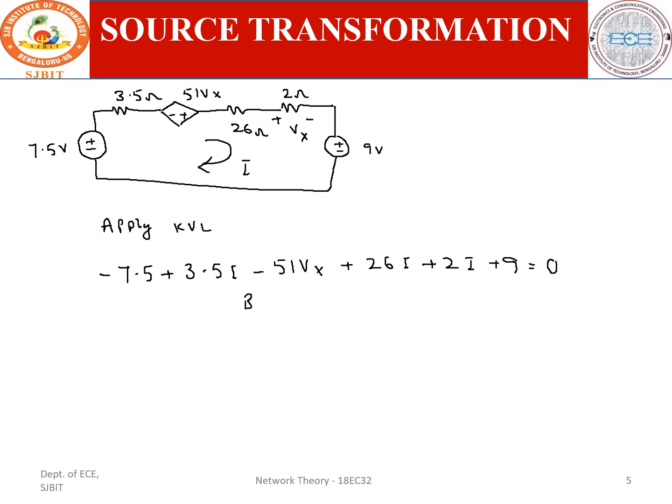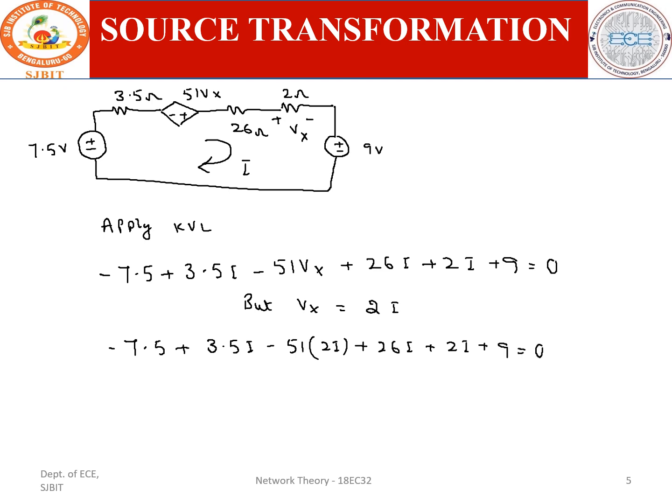But what is Vx from the diagram? Vx is equal to the voltage drop across the 2 ohm resistor, therefore Vx is equal to 2I. So the equation becomes minus 7.5 plus 3.5I minus 51 into 2I plus 26I plus 2I plus 9 is equal to 0.